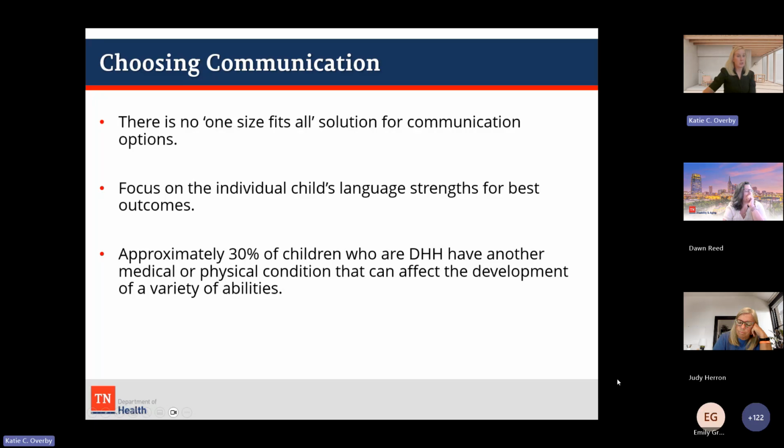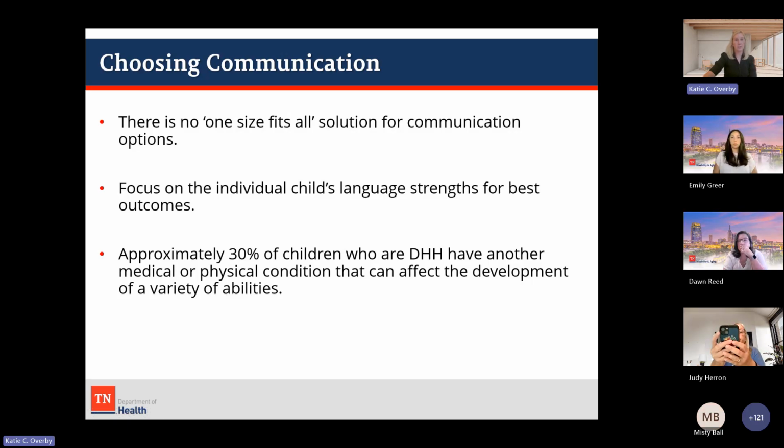So teachers of the deaf and audiologists are going to be able to support you in terms of audiological information, and then you work within your team to come up with a plan that works for them, also weighing in the parents' choice and their decision, what they think might work best for their child.